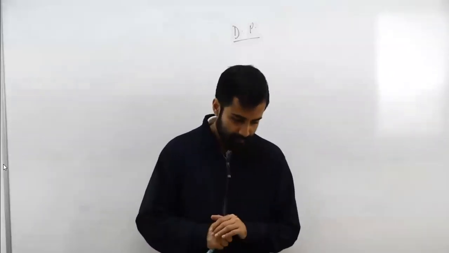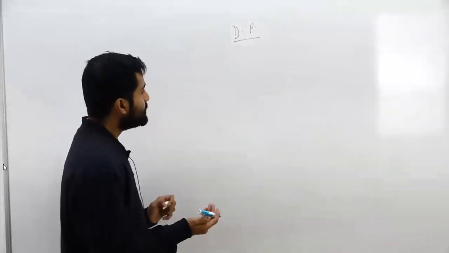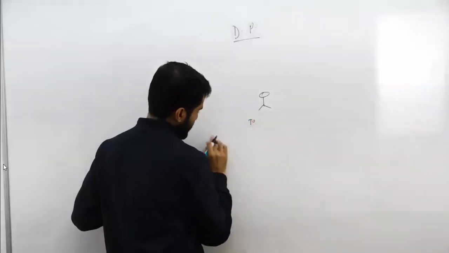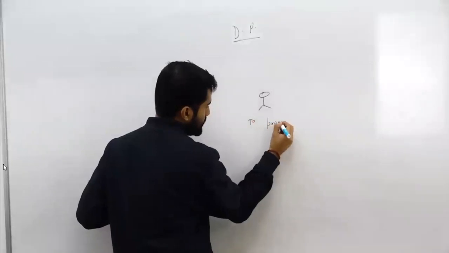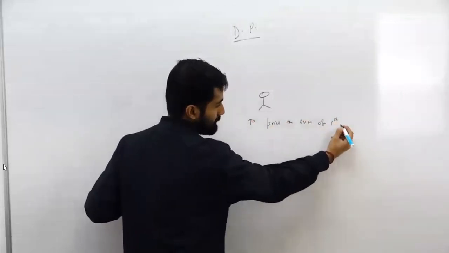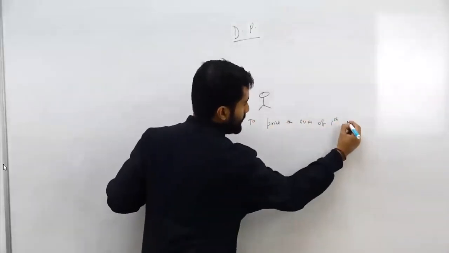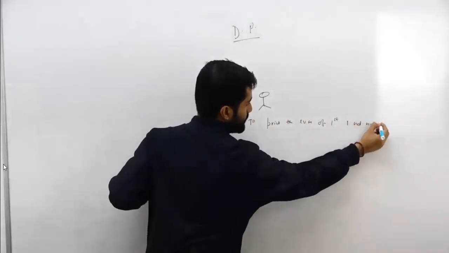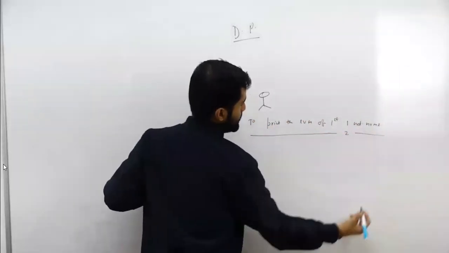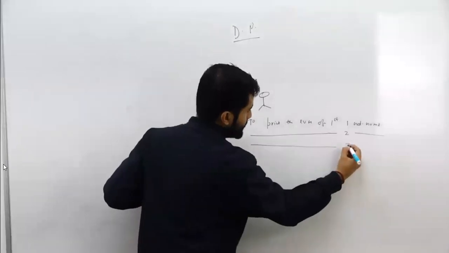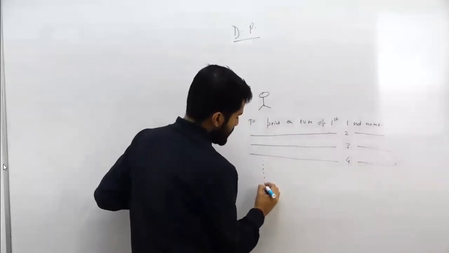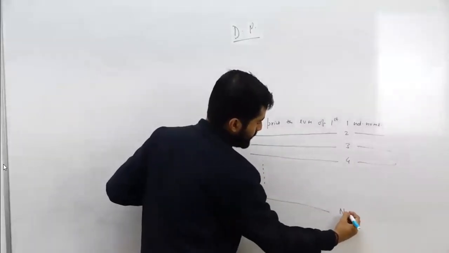Okay, the problem is that you ask a person to maybe print the sum of first one natural numbers, and then you want to ask the person to print the sum of first two natural numbers, and then print the sum of first three natural numbers, then print the sum of first four natural numbers, and so on and on, print the sum of first n natural numbers.